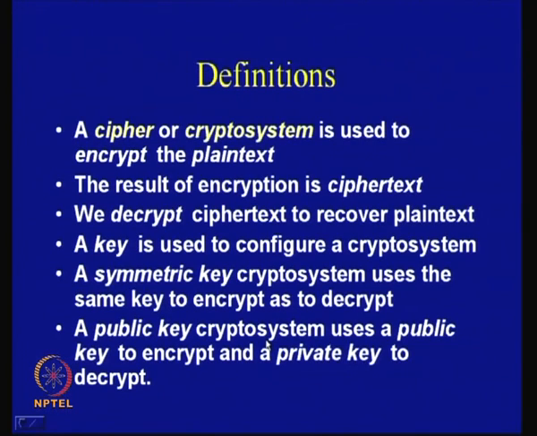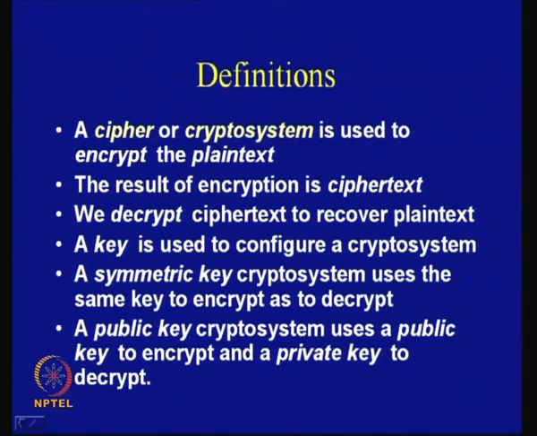So, to start with, today we will be discussing crypto systems. As we have made a fair amount of idea, crypto systems are used to encrypt the given plain text. So, we have been provided with a plain text and we are supposed to transform and modify this text and produce a text which is different from the plain text, and this modified text is known as the cipher text.